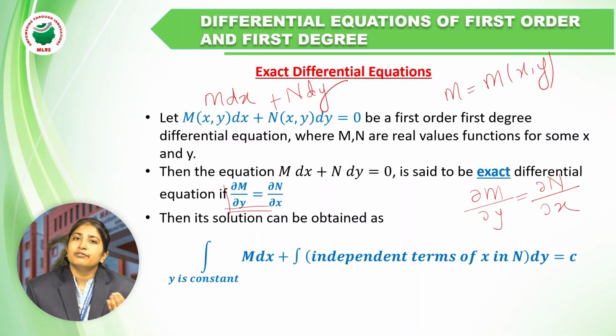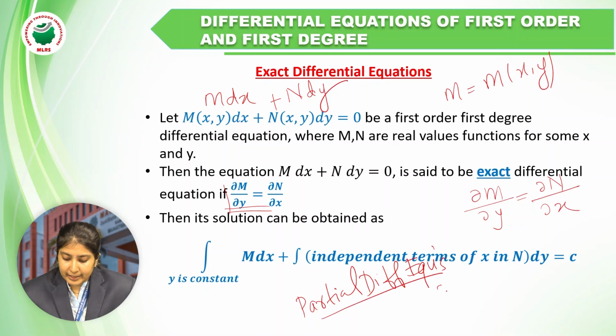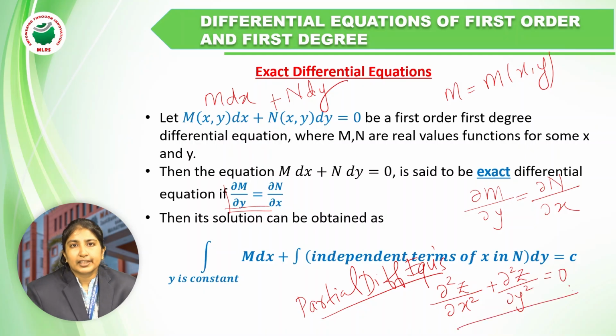In partial differential equations, you have an equation of more than one independent variable. Assume I am writing the equation dou square z by dou x square plus dou square z by dou y square equal to 0. This is a partial differential equation.